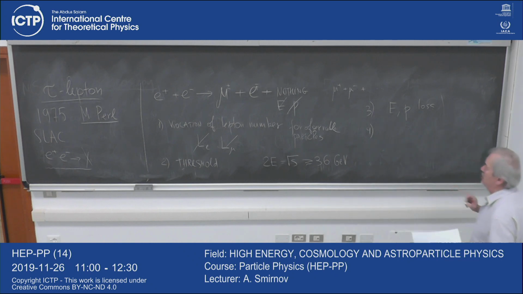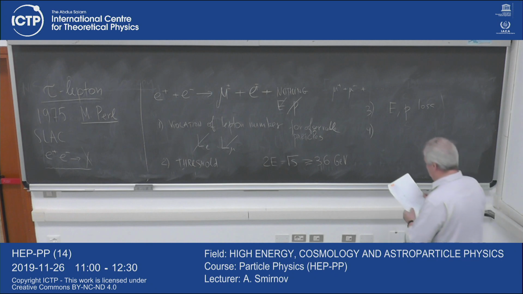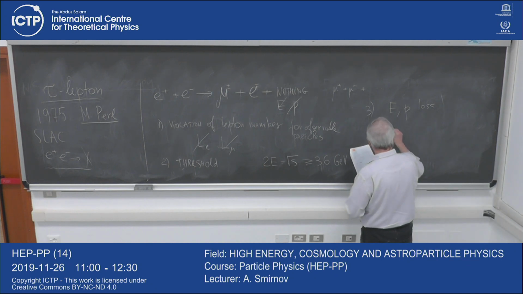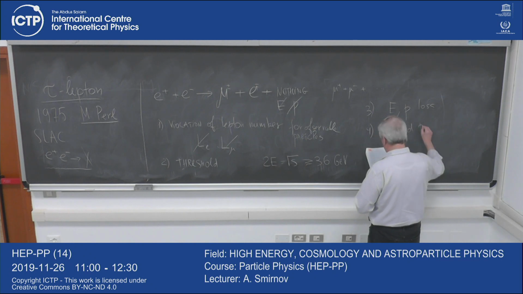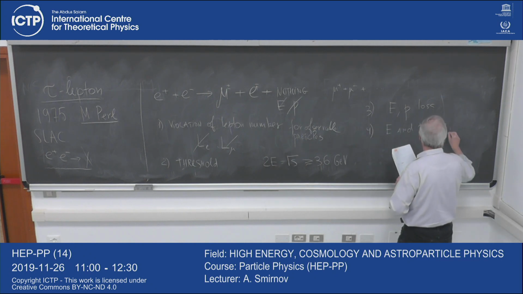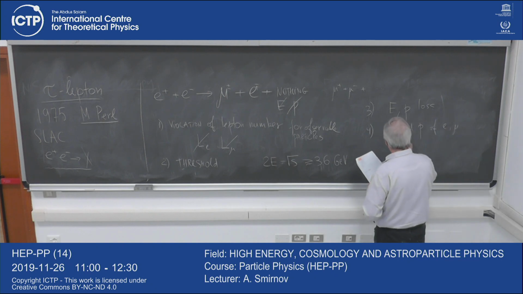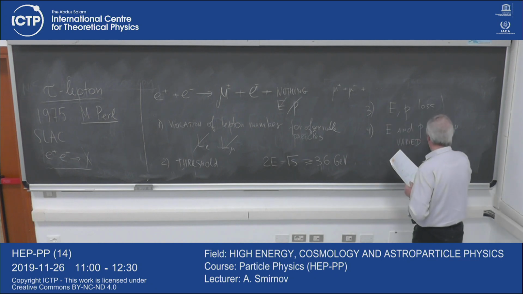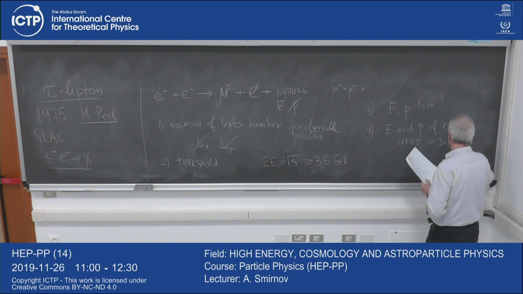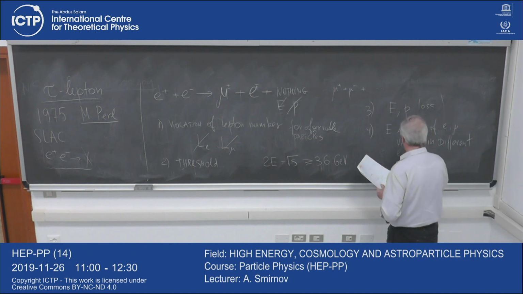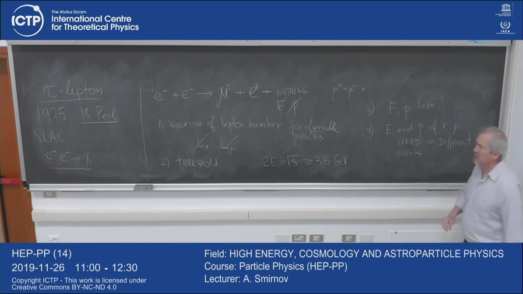Now the distribution of energies of muon and electron is continuous. It's not that in each event you have the same energy of muon and electron; the energies and momenta of electron and muon varied from event to event. So the energy spectra are continuous.